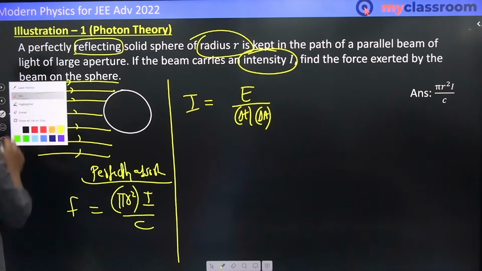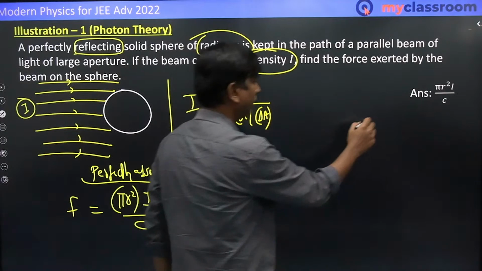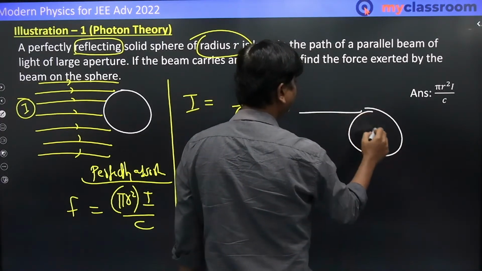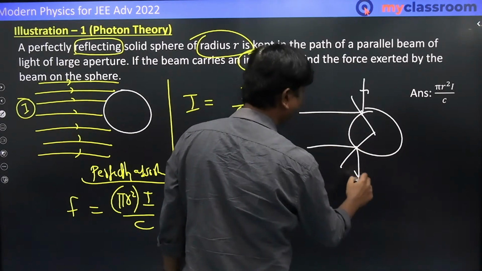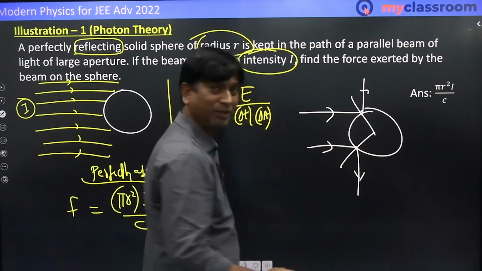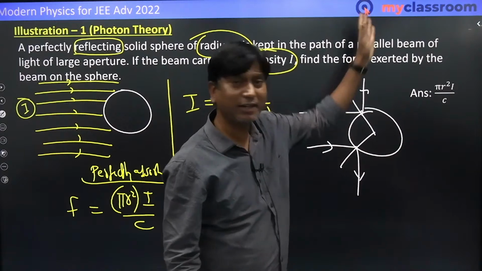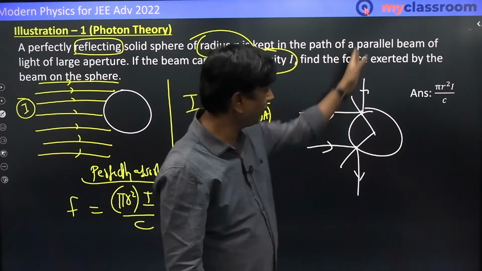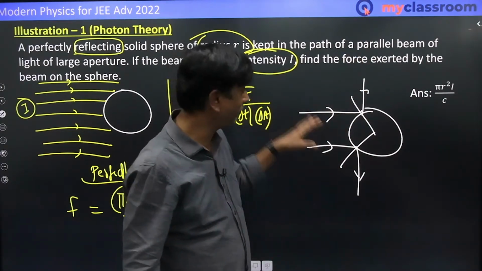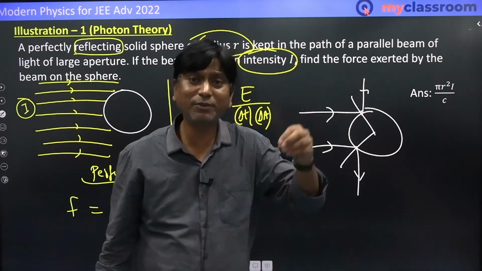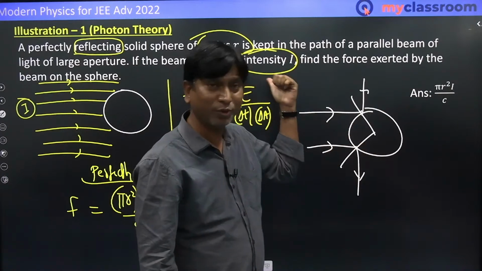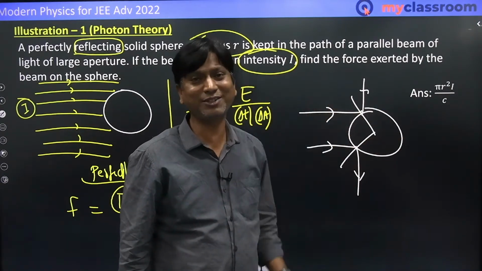Actually what happens is, the beam is coming here, and it will reflect like this. All the photons are coming, hitting and getting reflected. Each photon is changing its momentum, so whenever photons change momentum, they receive some force from the sphere, and the same force they also exert on the sphere.